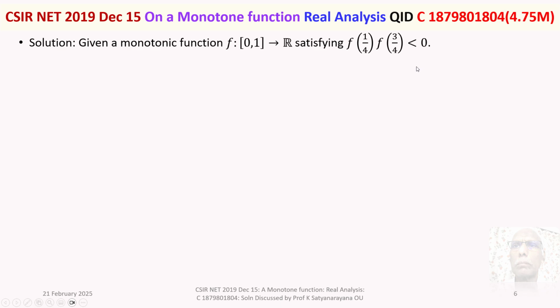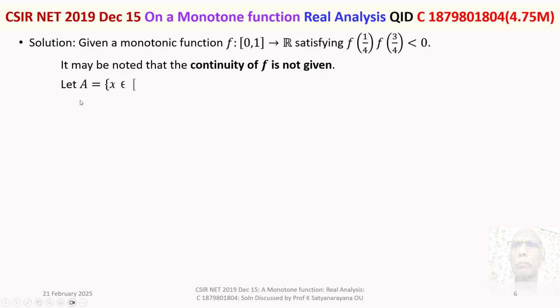Mind you, you are not given the continuity of the function f in this question. So unless it is mentioned that f is continuous in some of the options, don't use the properties of continuous functions. That's the caution that I am giving to you. It may be noted that the continuity of f is not given.